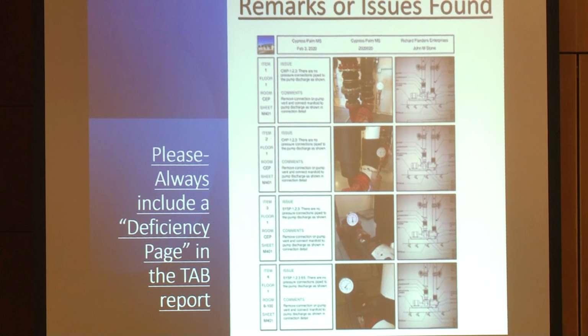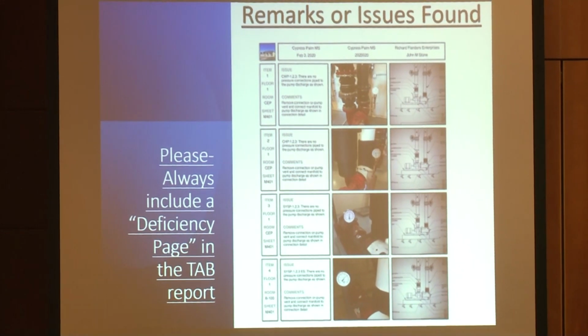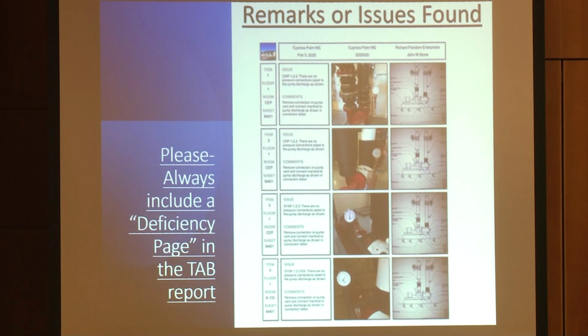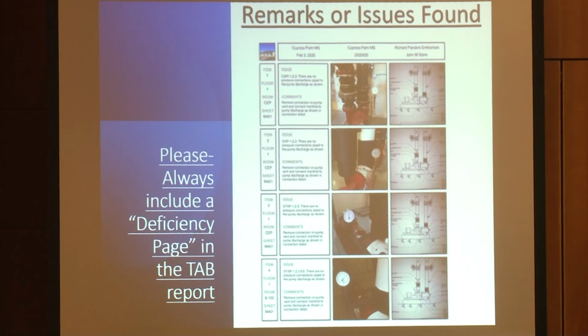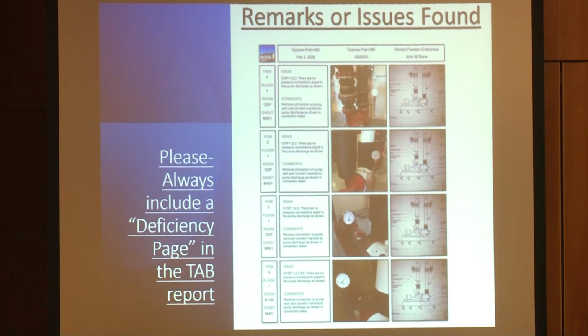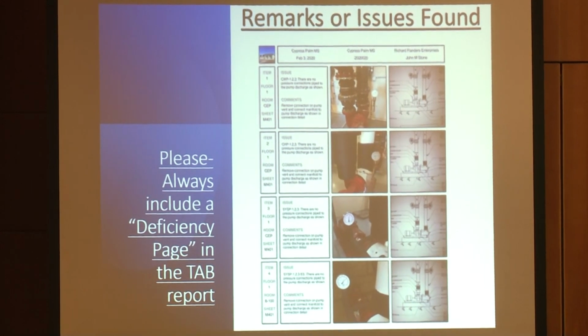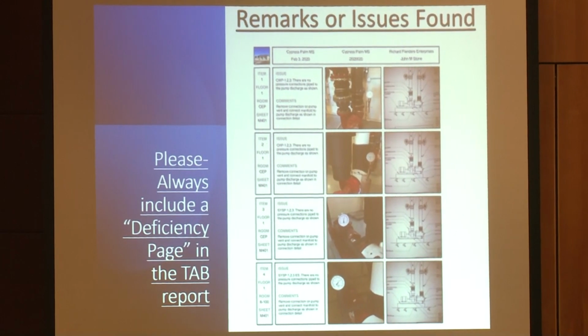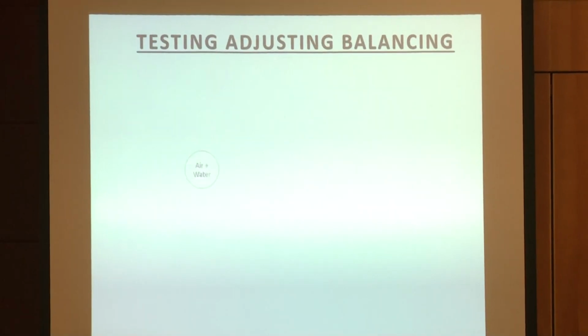So that is a very, very important part of your report. What happens is, you know, TAB reports are very long. Sometimes they're 300-400 pages. I don't want to have to look through that report to see everything that's not working. I need you to tell me up front that it's not working, so I don't have to do that. So that's the reason that's a requirement.